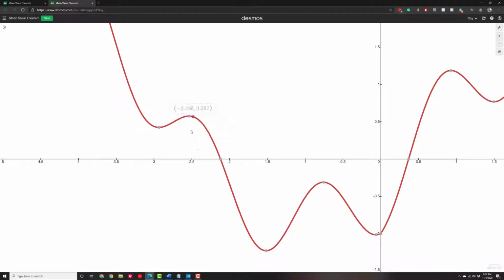And really what I want to draw your attention to is the idea that the derivative of the function is negative. Now that should be very obvious and something that we've probably talked about already. However, this is a theorem in this video: as long as our derivative is negative, we know our function must be decreasing. And likewise, if our derivative is positive on an interval, we know our function is increasing.